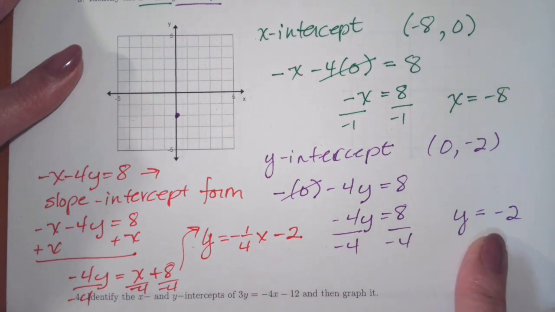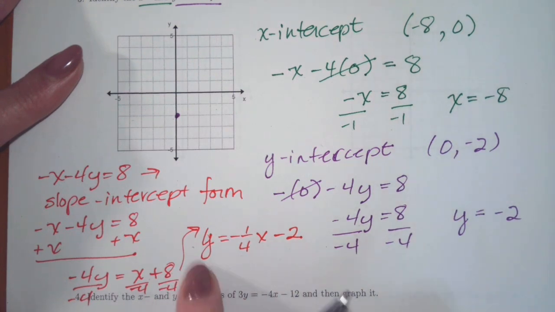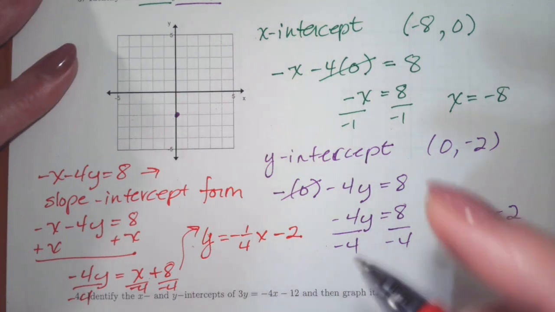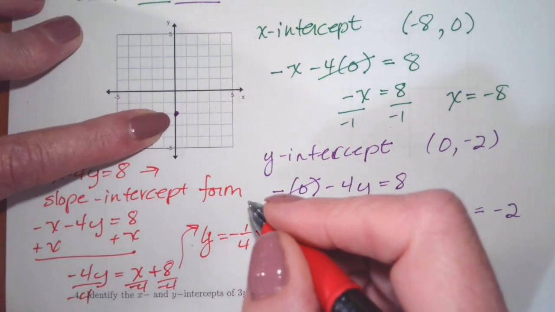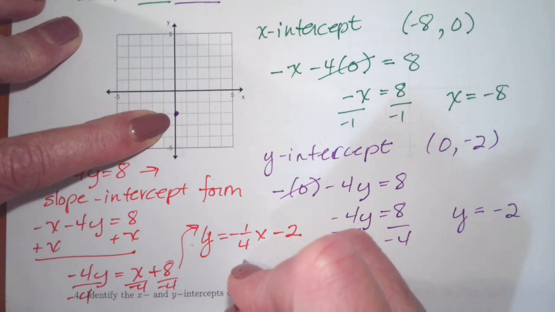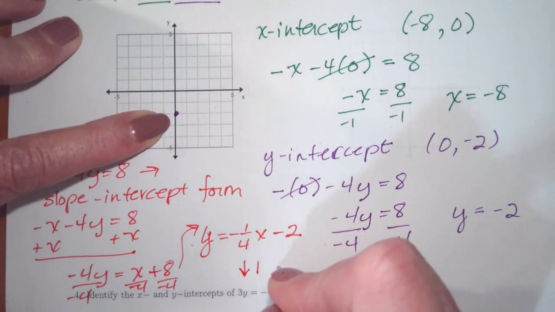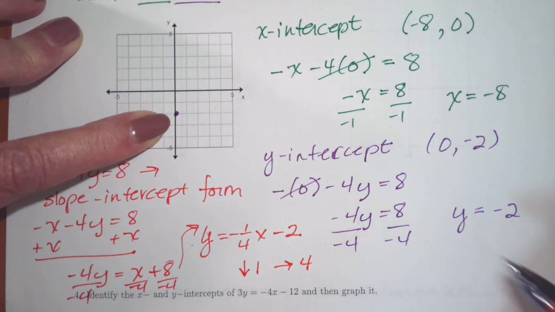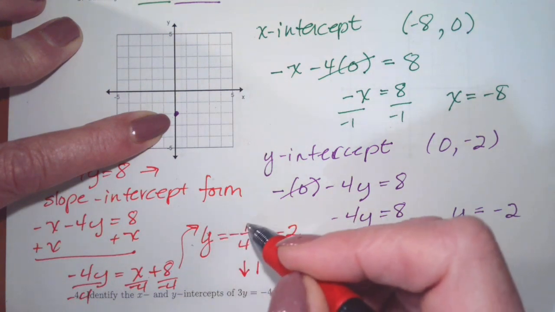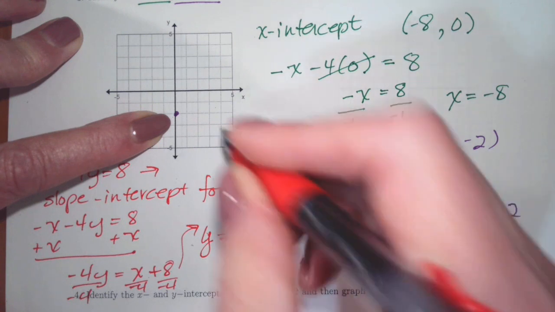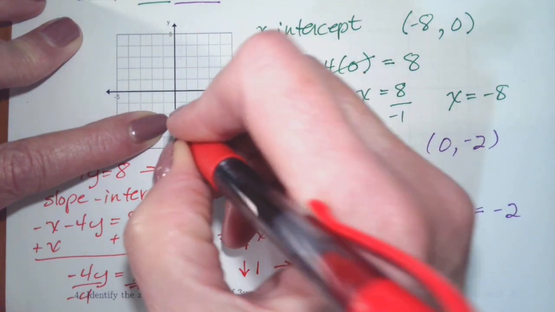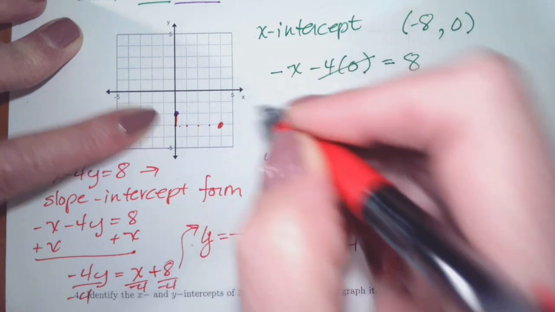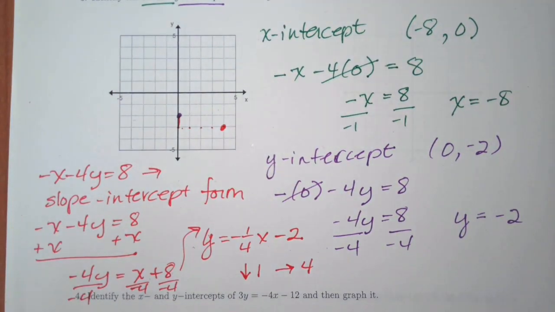Okay. Well, this confirms my y-intercept, and now with my slope, I know how to find another point. Since this is negative, if I start with this point, negative means go down 1 and then to the right 4, and there's another point on my line.